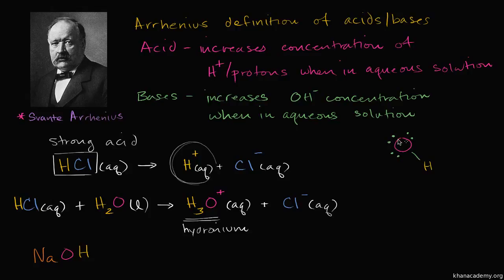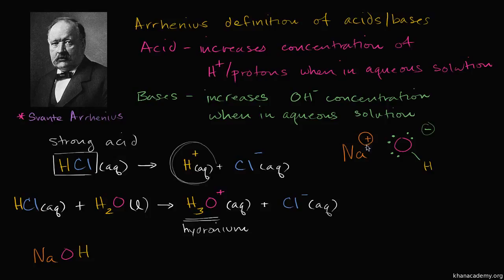It's actually nabbed an electron from somebody, someplace, and so it's going to have a negative charge. And then you have a sodium ion that has lost an electron somehow, so it has a positive charge.